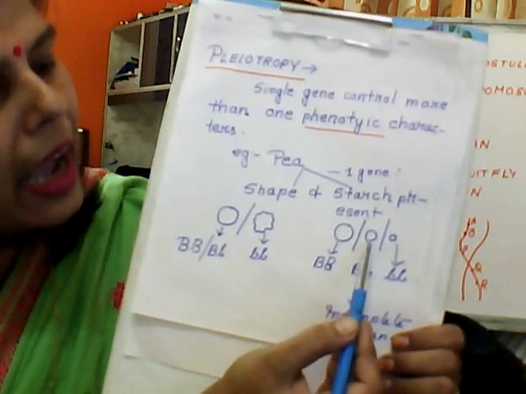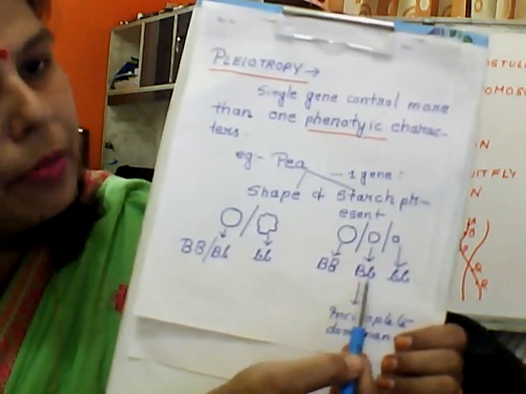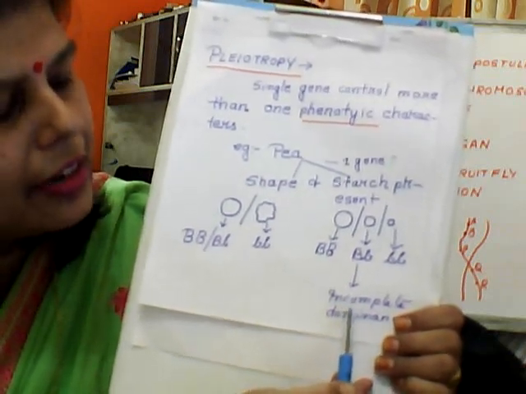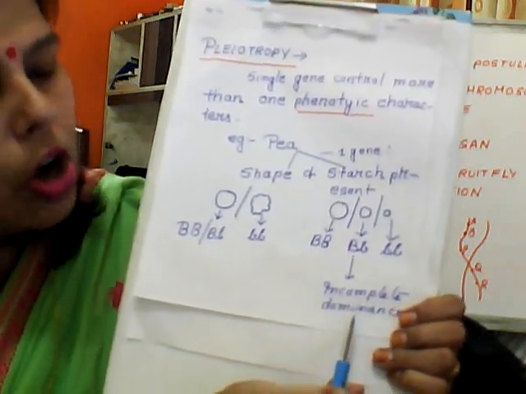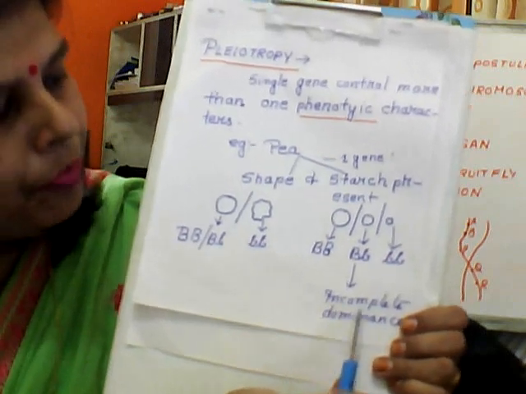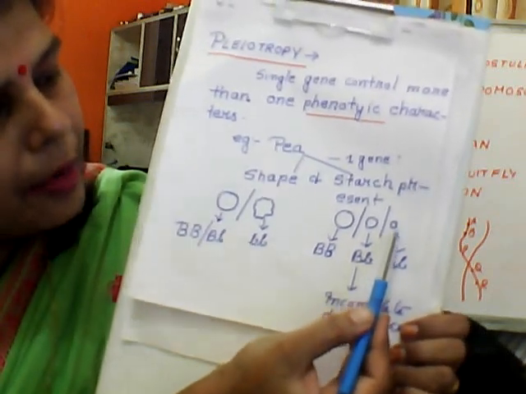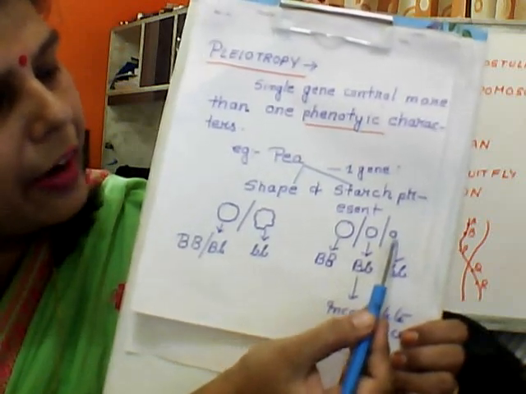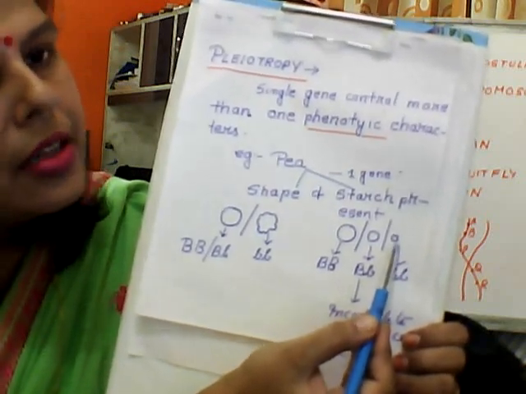That means it will show another new character, that is incomplete dominance, which I have already explained. Then if it is small b, it will show the recessive character, that is a very small size seed.